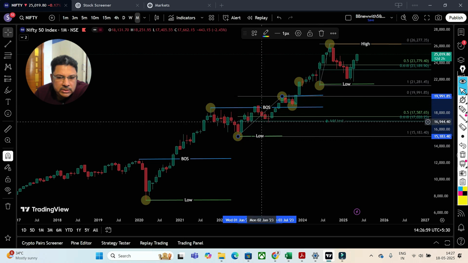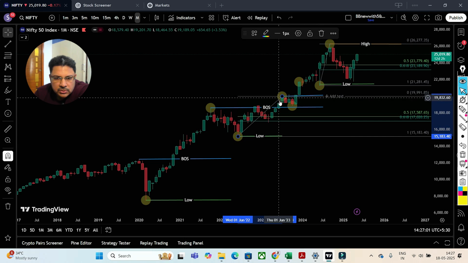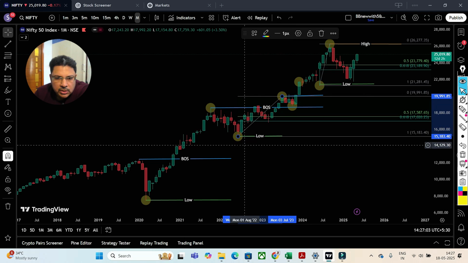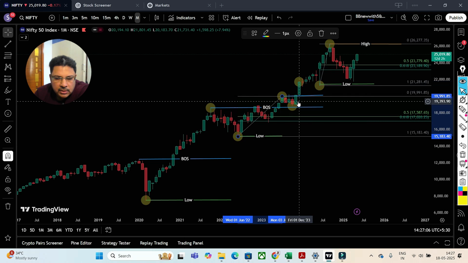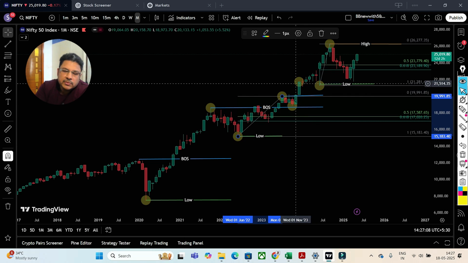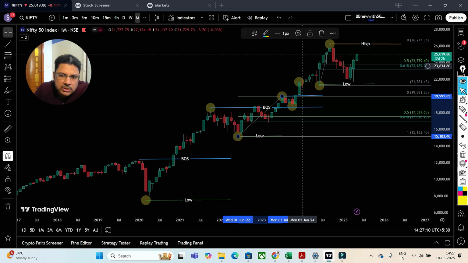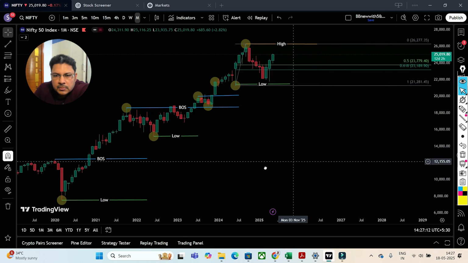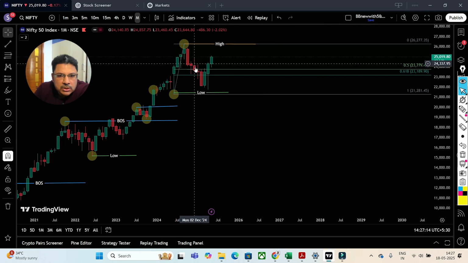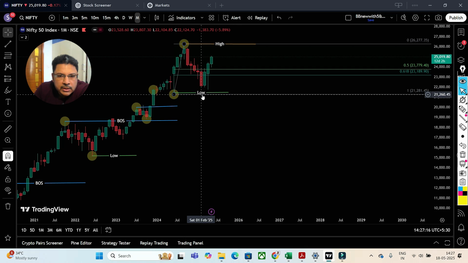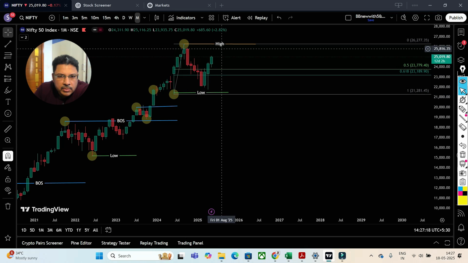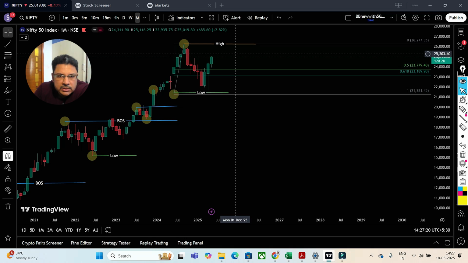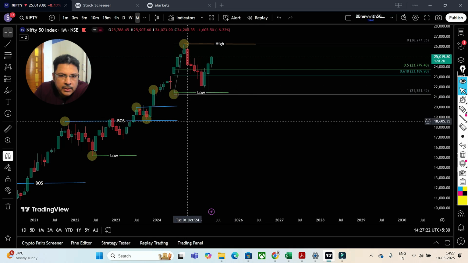This you can only see after this is formed. So we cannot assume safely that everything will bounce at the 50%. So you always need a confirmation entry to do that. Now if you see, the structure is saying that it is in a bullish trend, but this high is the resistance, right?